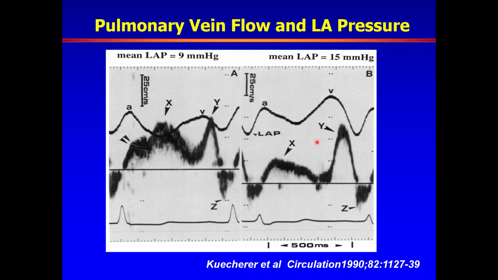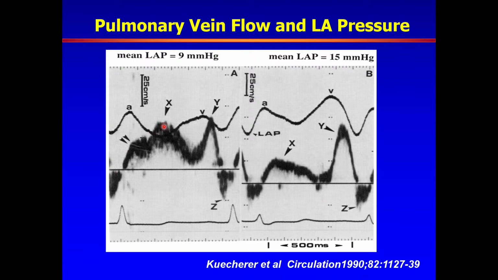Another signal that was recognized, came into a lot of interest, and has made it back in the 2025 guidelines, is pulmonary veins. This is work from Dr. Nelson Schiller that was published in 1990, taking patients who are undergoing cardiac surgery, and transesophageal echo was used to record pulmonary vein flow.